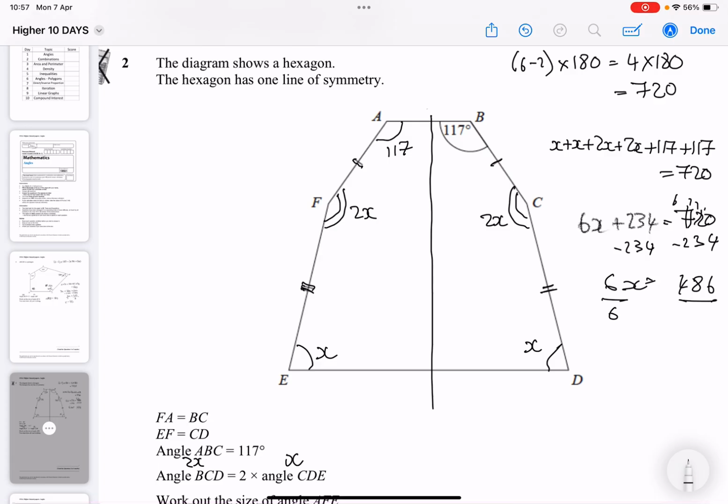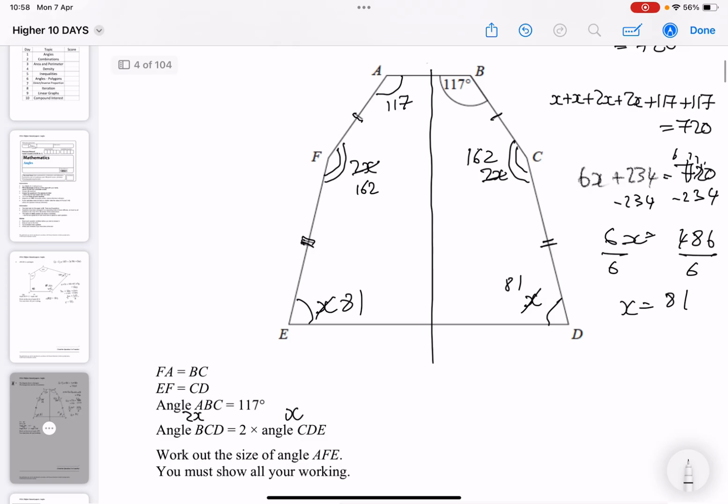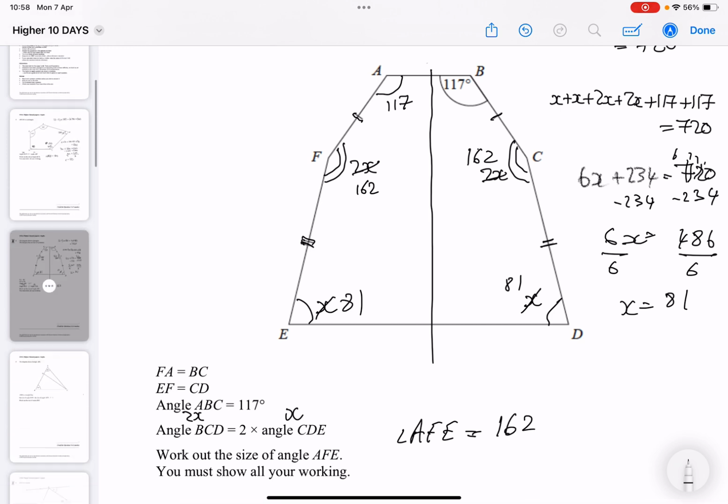Divide by 6: 6 into 48 is 8, 6 into 6 is 1. So x equals 81. 2 81s are 162, and as I want AFE, angle AFE equals 162, which I've drawn on there, great.